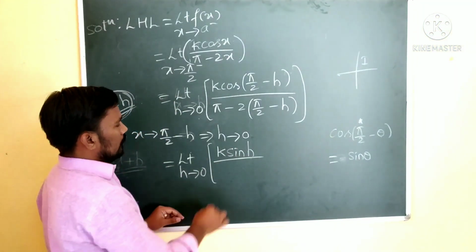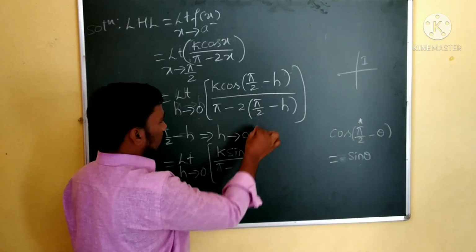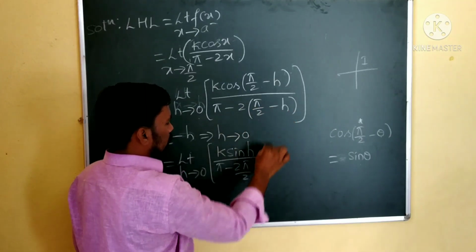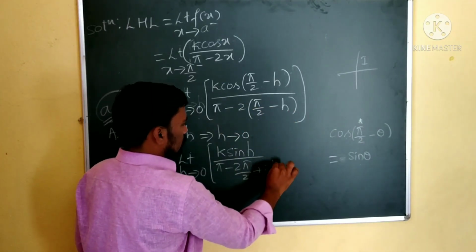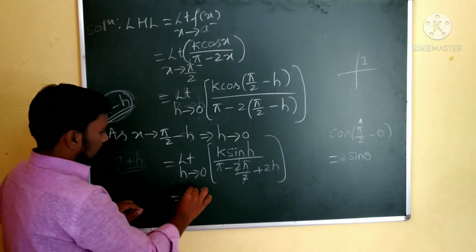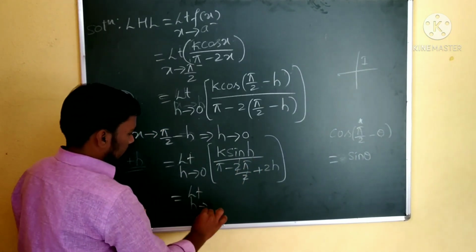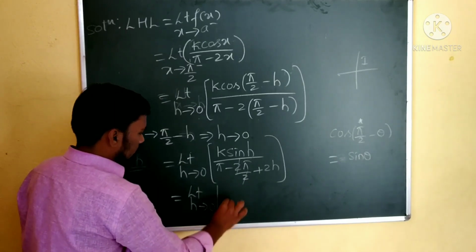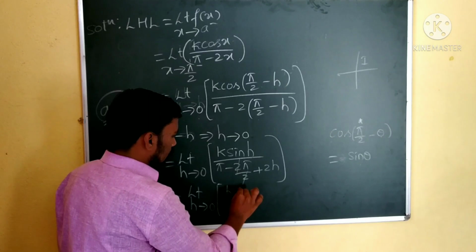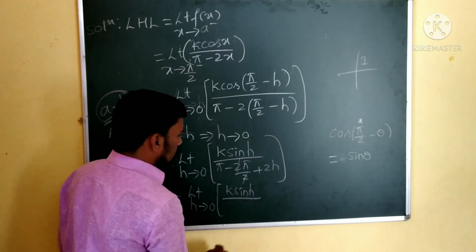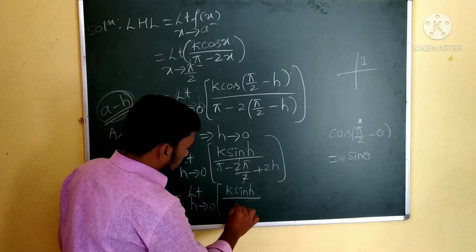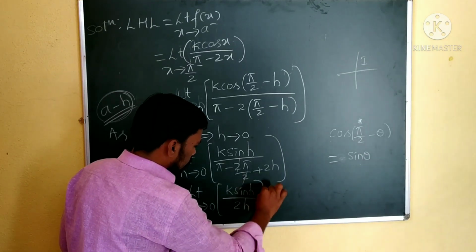divided by pi minus 2 into pi by 2 minus h, which is pi minus pi plus 2 into h. Pi and minus pi get cancelled, simply it is 2h. The limit as h tending to 0 of k into sin h divided by 2h.